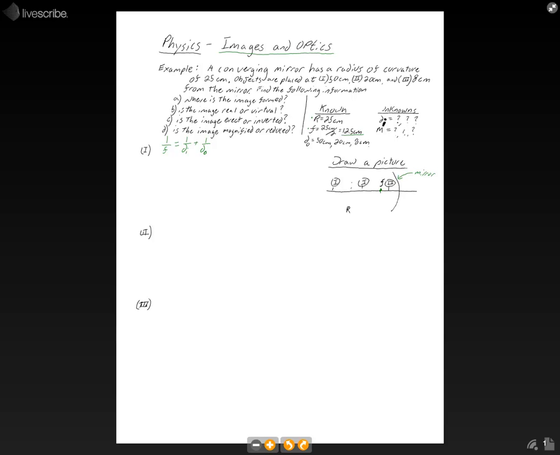For the first case, 1 over F, which is 1 over 12.5, is equal to 1 over di, which we don't know, plus 1 over d object, which is 50 centimeters. Solving for di gives right about 16.7 centimeters.